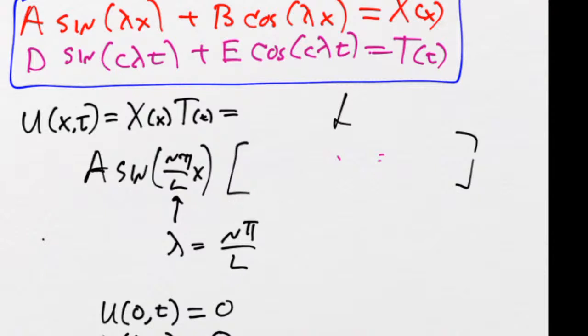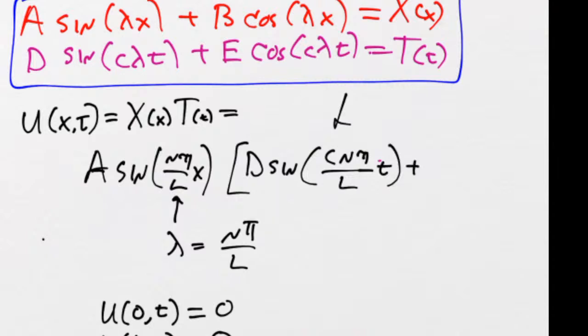We will write this side as d sine c n pi over L times time plus e cosine c n pi over L times time.